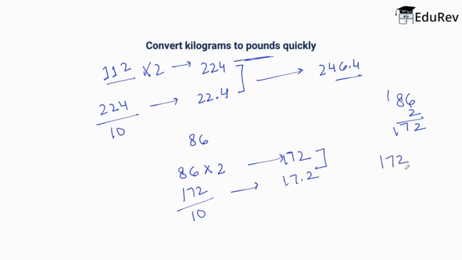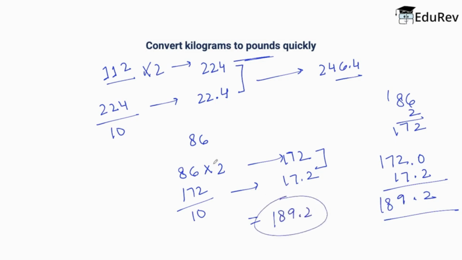That is 172 plus 17.2. So the final answer is going to be what? 189.2 pounds. So 86 kgs is equal to 189.2 pounds and 112 kgs is equal to 246.4 pounds. I hope you understood this.